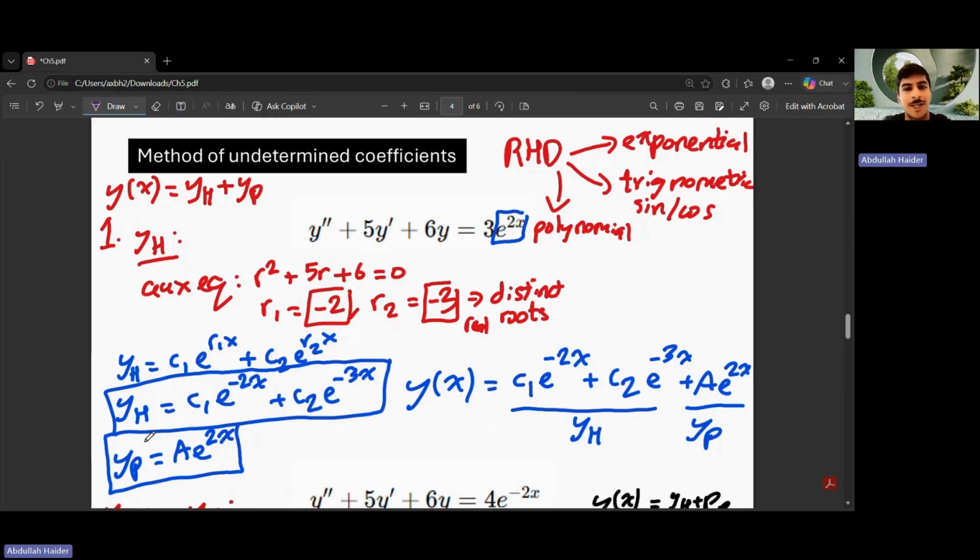And to find yp, you take the constant here as it is, but in terms of a. 3 becomes the a, and you take the exponential as is. And since e power 2x is not appearing anywhere over here, we don't multiply this by x.